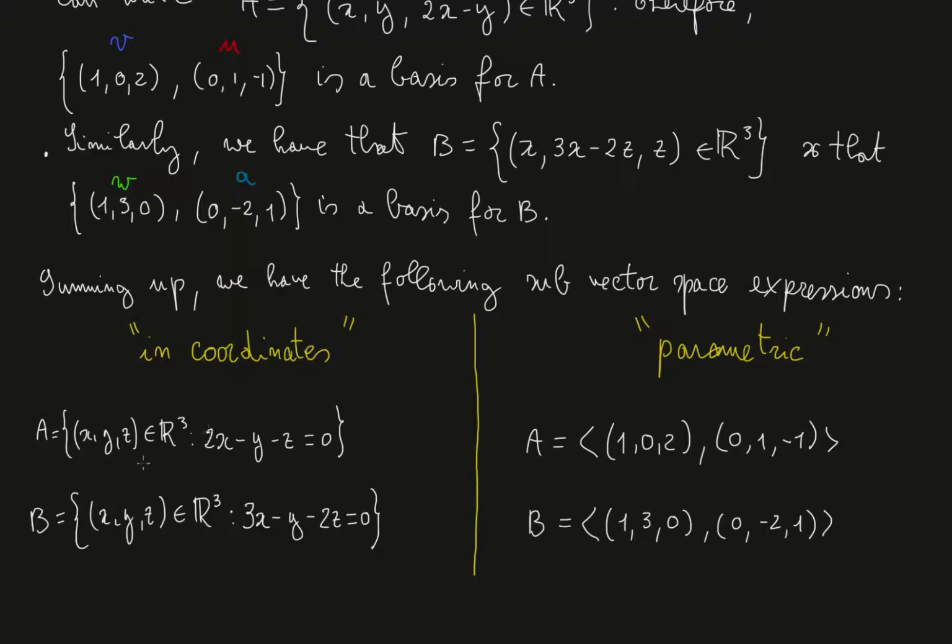And similarly for B, the coordinate representation describes B as a set of vectors in R3 satisfying a certain homogeneous linear equation, and the parametric provides a basis for B, representing B as the vector space generated by two vectors in this case, since B is a plane of dimension 2.